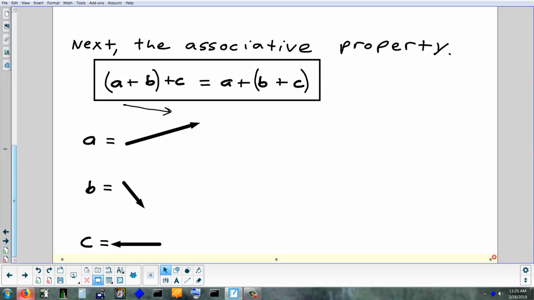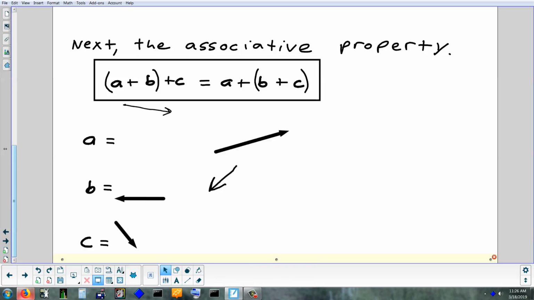Now let's do it on the right. So B and C, add those first. Here's B. Here's C. And there's B plus C. Now take A and then add B plus C on the end of it. So here's A. And then put B plus C on the end.